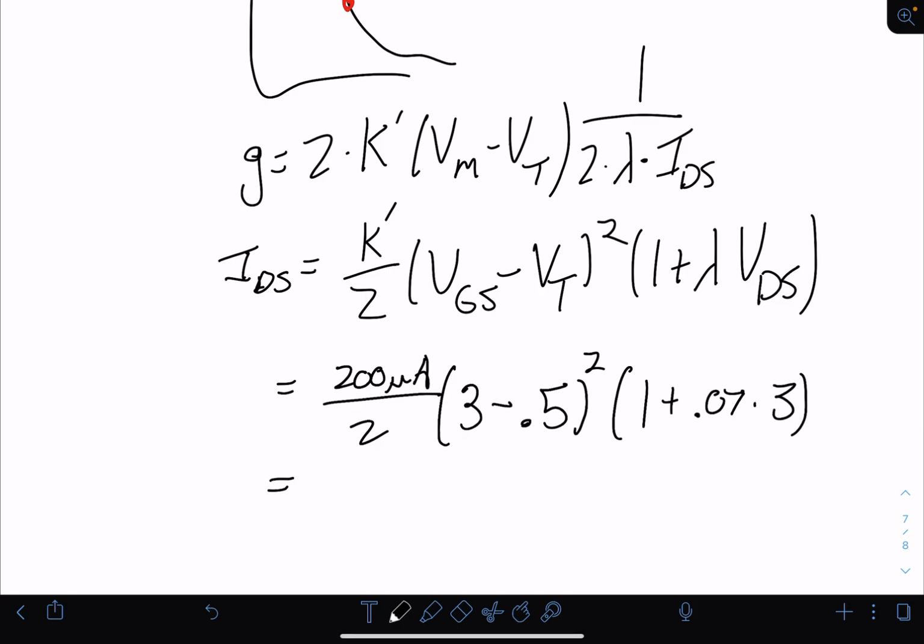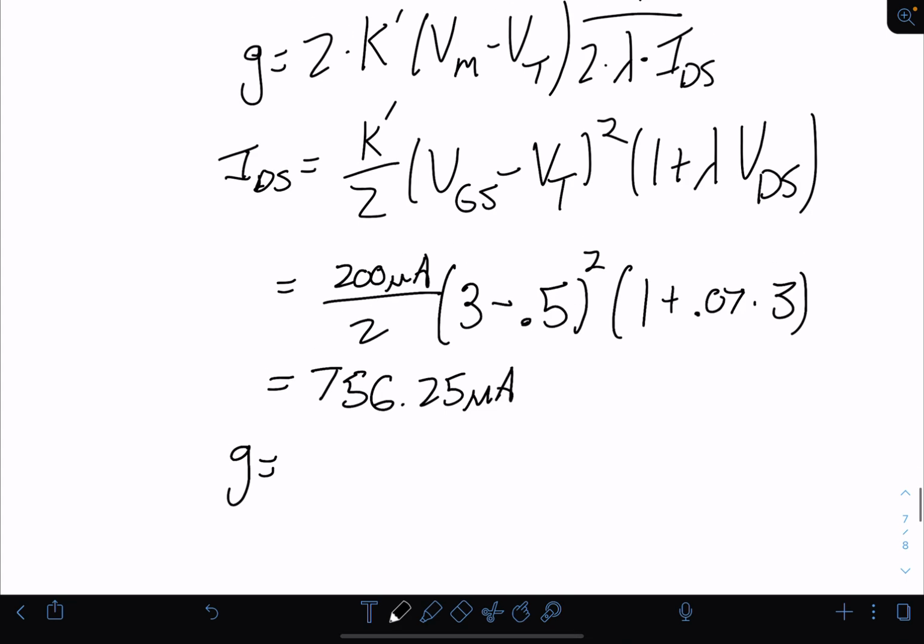And so this will give us a value of 2 times 3 minus 0.5 squared times, which comes to 756.25 micro.